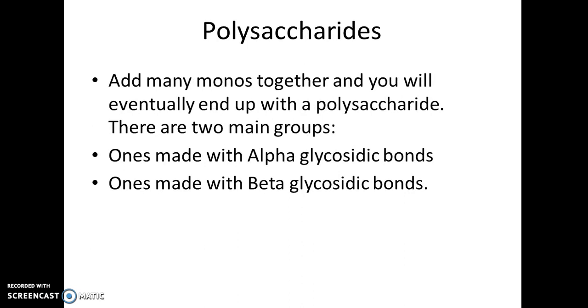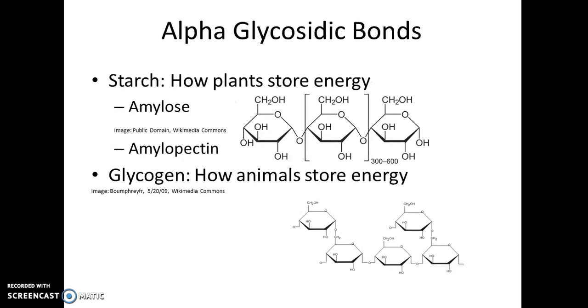There are two main groups of polysaccharides, ones that are made with alpha glycosidic bonds, which we can digest, and ones made out of beta glycosidic bonds, which we cannot digest. So let's talk about the polysaccharides formed through alpha glycosidic bonds.